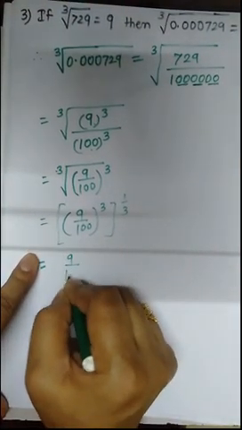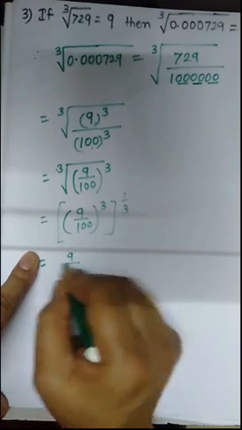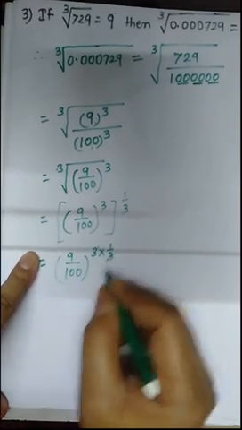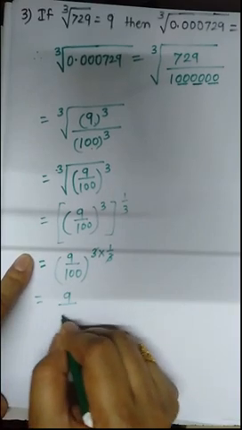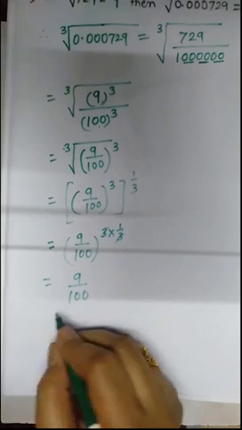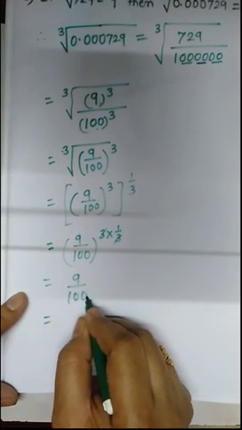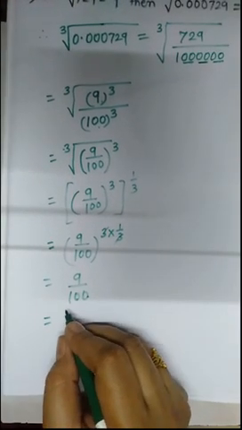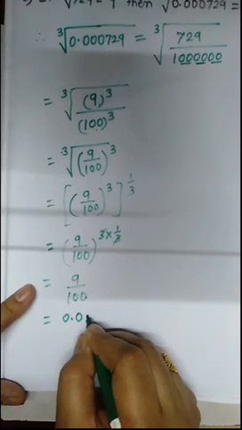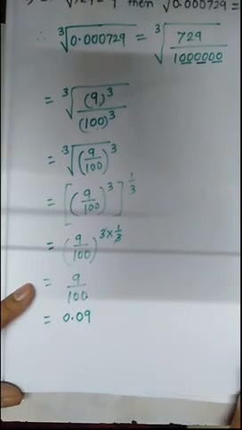So 9 upon 100 raised to 3 multiplied by 1 upon 3. 3 cancels, it is 9 upon 100. Write it in decimal form. How many zeros are here? 2. So after the decimal point, how many digits? 2. 0.09.